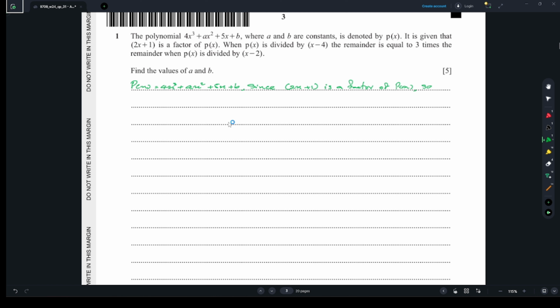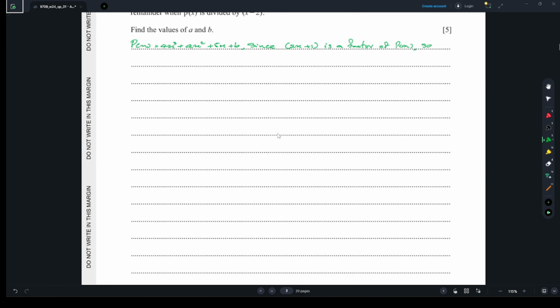According to the factor theorem, x equals minus half is a root of p(x).